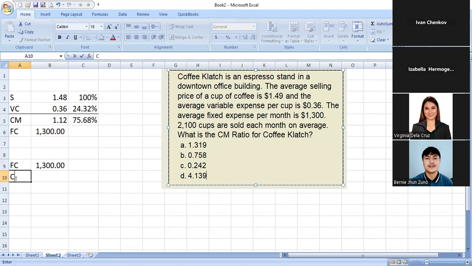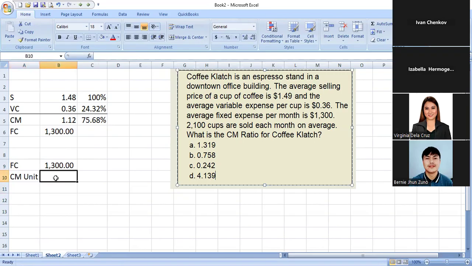Our contribution margin per unit is equal to 1.12. So the number of units that we need to sell in order to get to the break-even is going to be 1,300 divided by the contribution margin per unit, which is roughly 1,161 units.